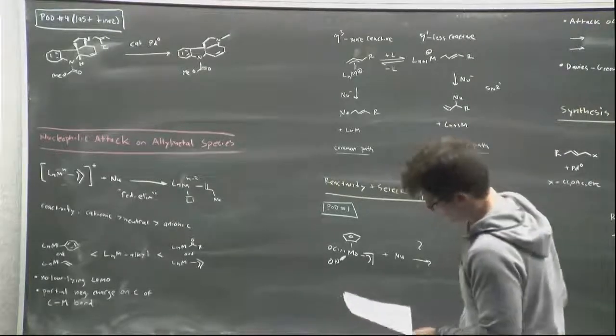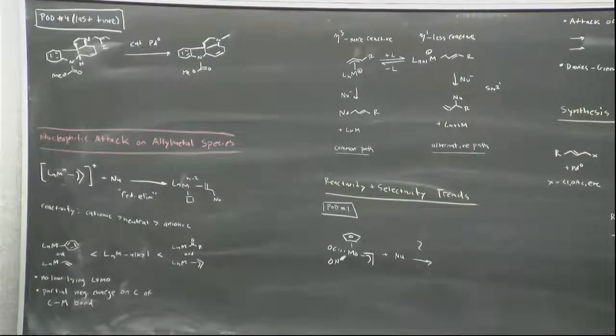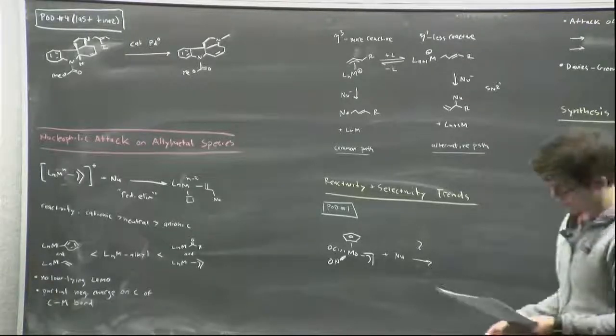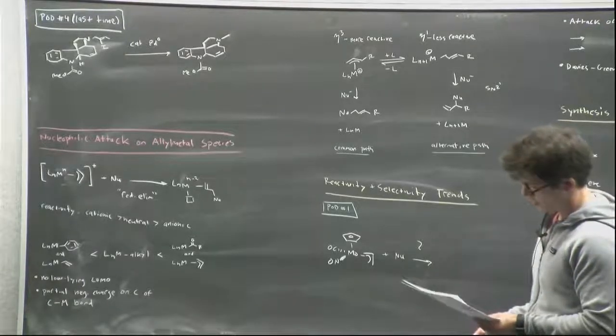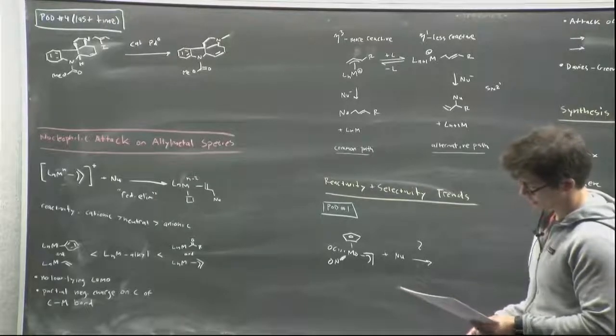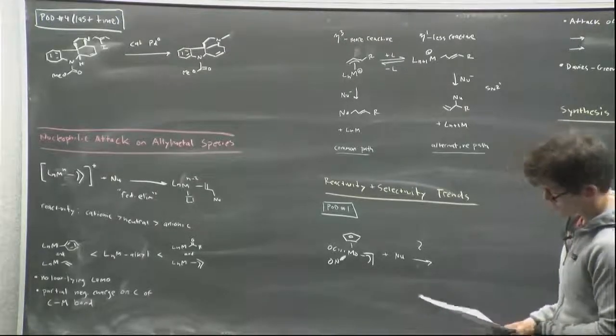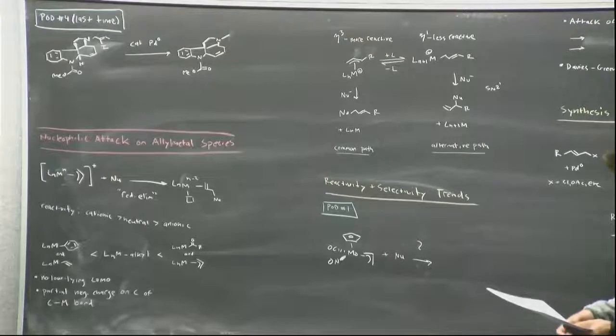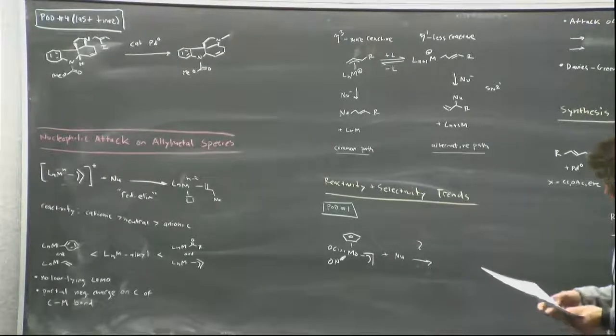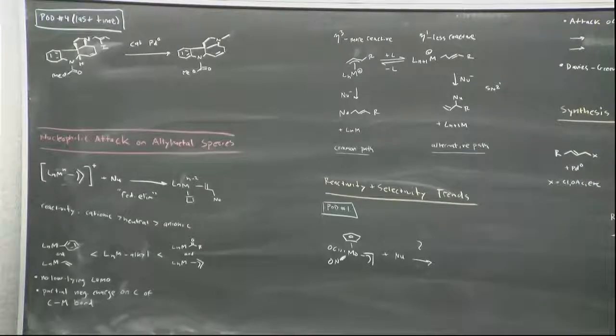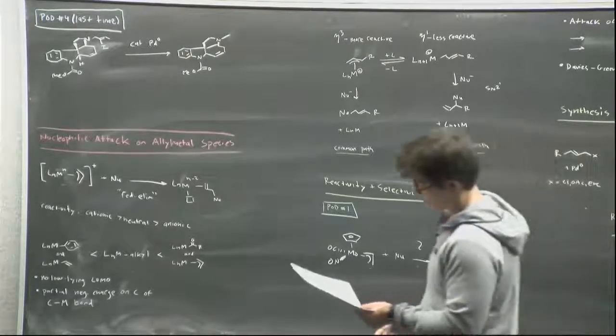Last class we covered the venerable Mizoroki-Heck reaction, and one might expect, based on what we learned in class, that this reaction would proceed via the common sequence of oxidative addition, migratory insertion to make an alkyl palladium, and then in that case there would only be one hydrogen atom on the carbocyclic ring.